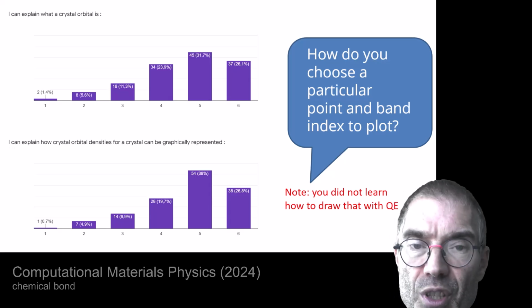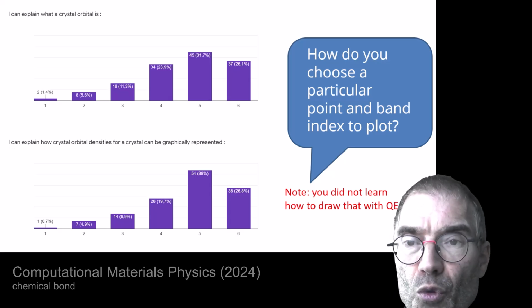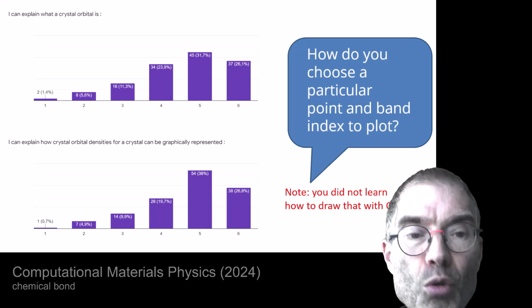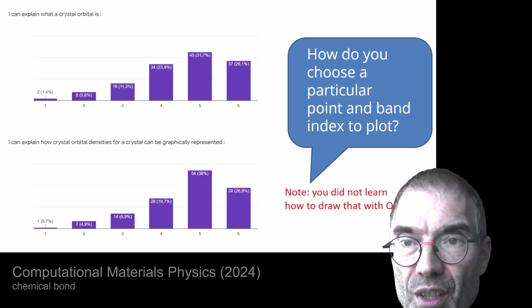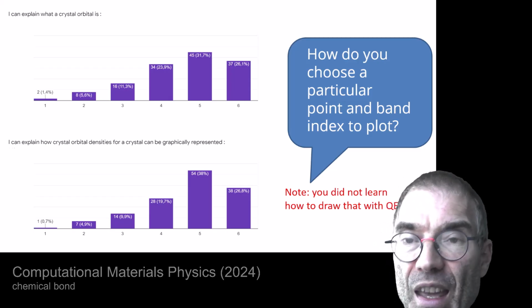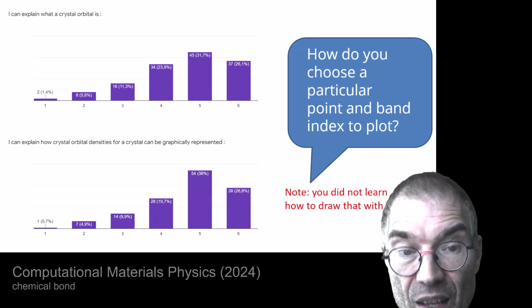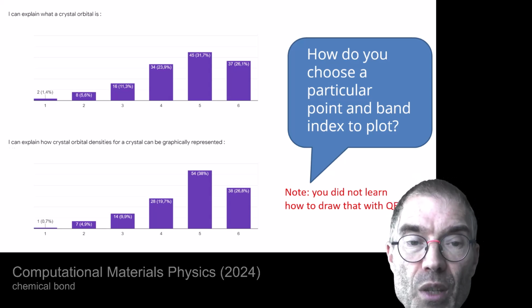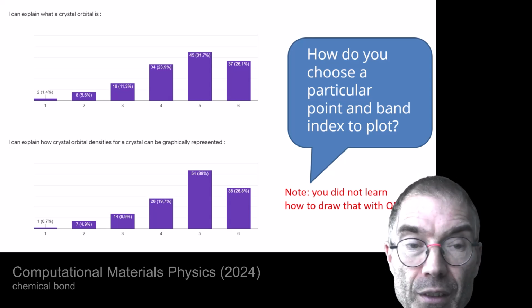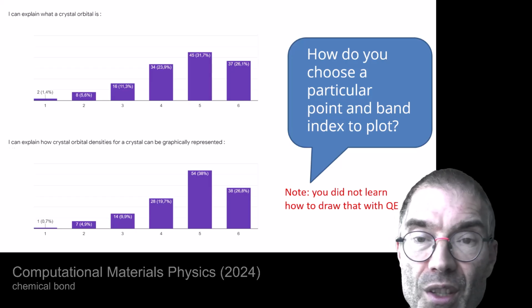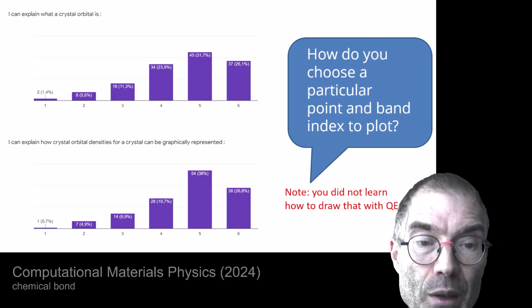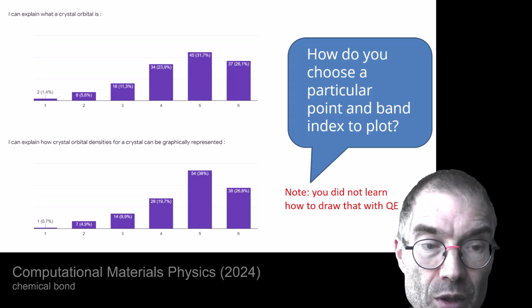And this we use then in a last step to look at crystalline bonds in the same way as we look at atoms. So in atoms we fill the atomic orbitals. In crystals we fill the crystal orbitals.